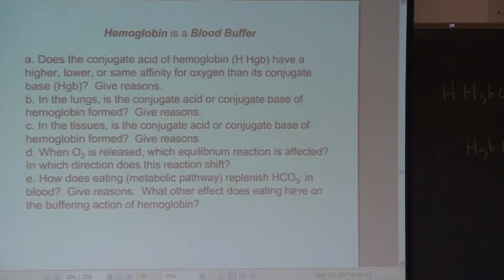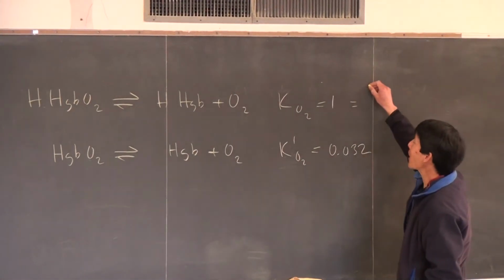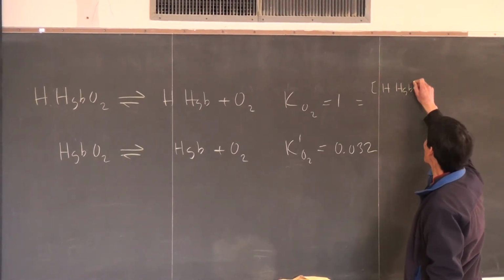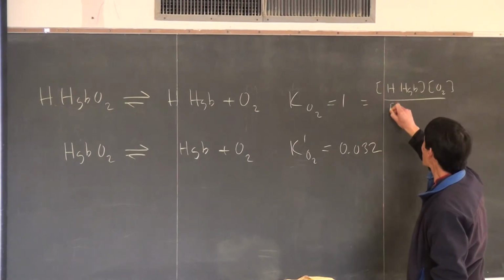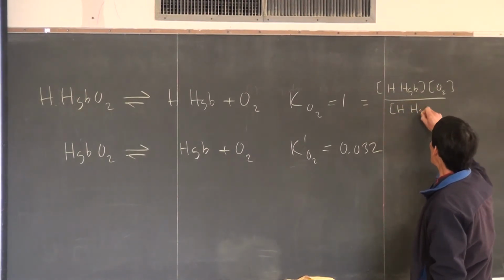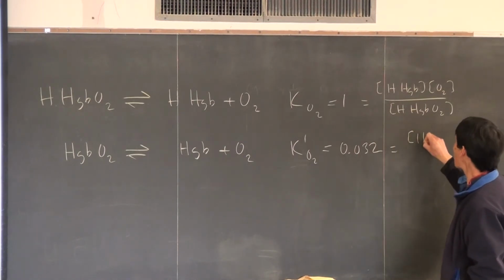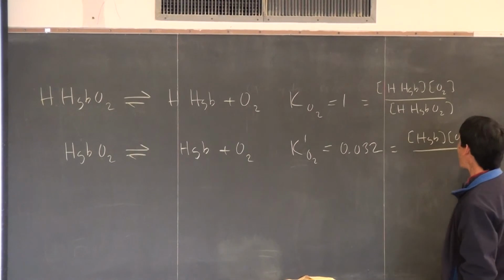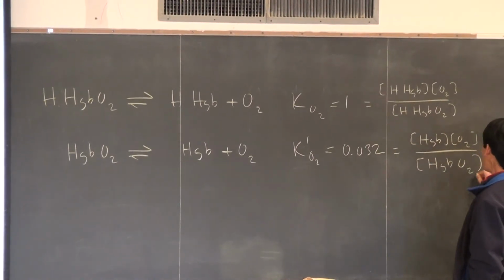Okay, so remember, based on this, we know that if we write out our equilibrium constant, that's equal to HHGB times O2 divided by HHGB O2. And then for this one, this is equal to HGB times O2 divided by HGB O2.